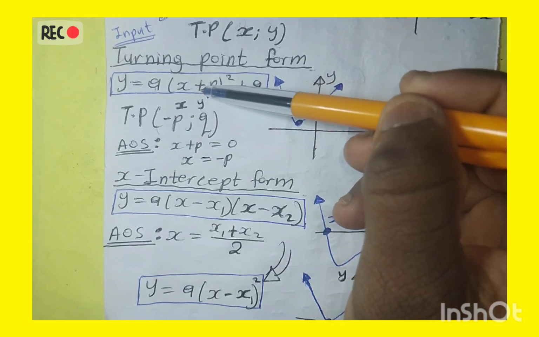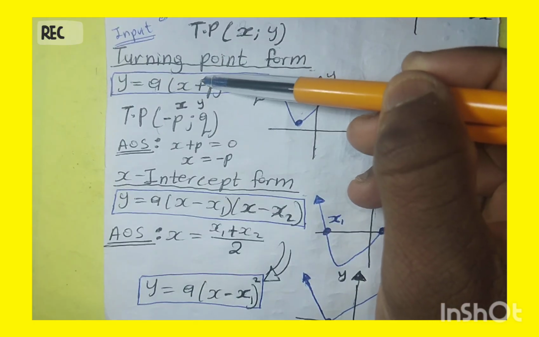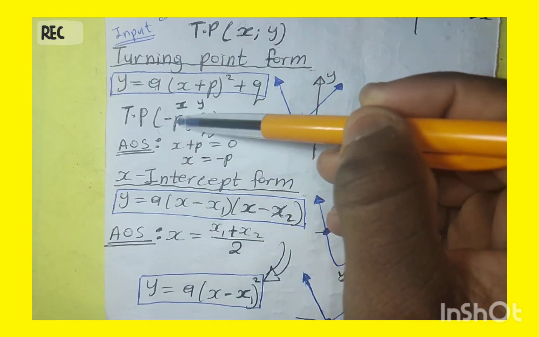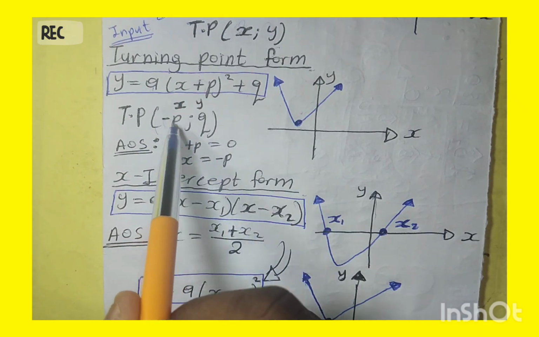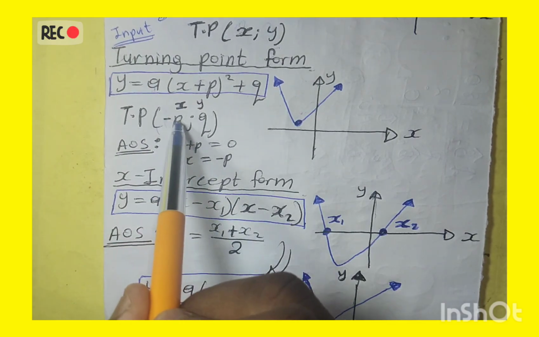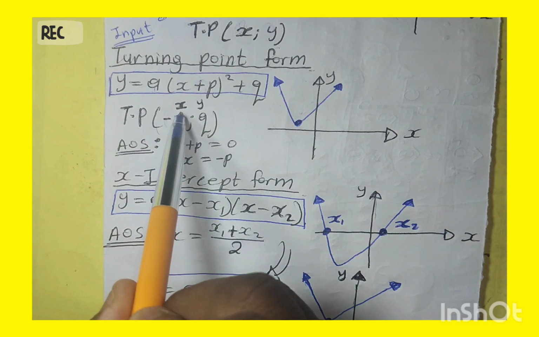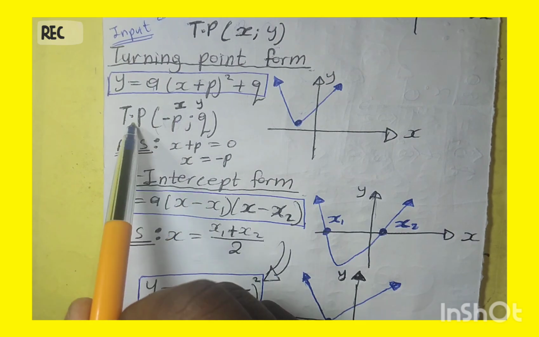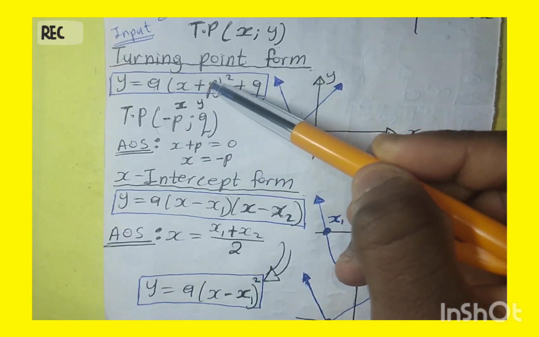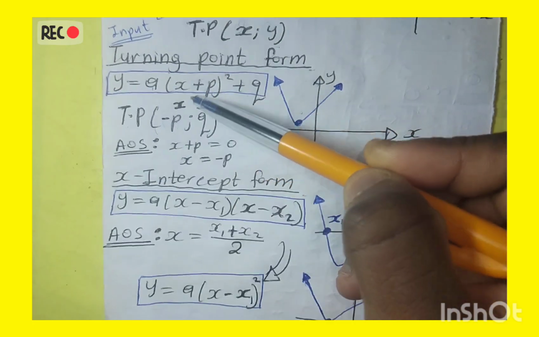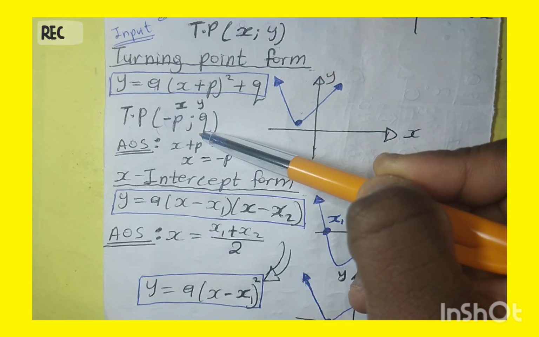If it's positive, it becomes negative, and if it was negative, it becomes positive. Something associated with x will only change the sign. So to get the x value of the turning point, we take what is in the position of p, but we only change the sign. That's how you get a turning point.